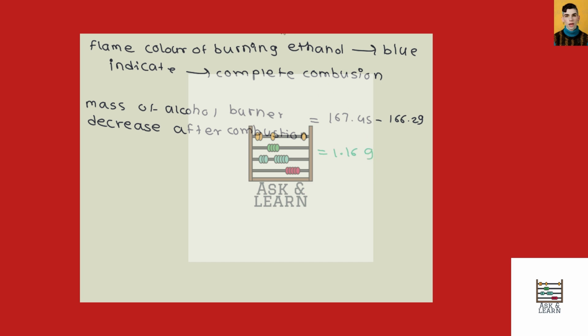Now here we find the mass of H2O, which is equal to the mass of colorimeter with water minus mass of colorimeter without water.